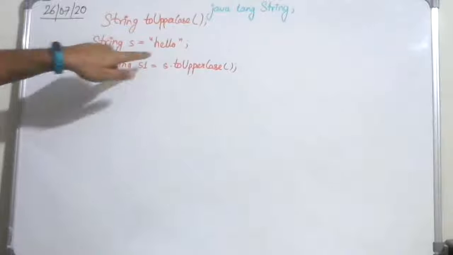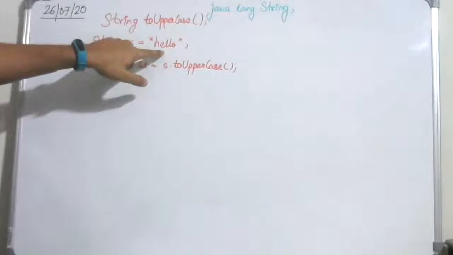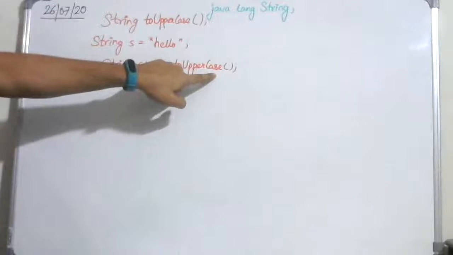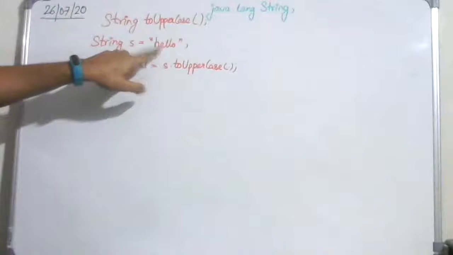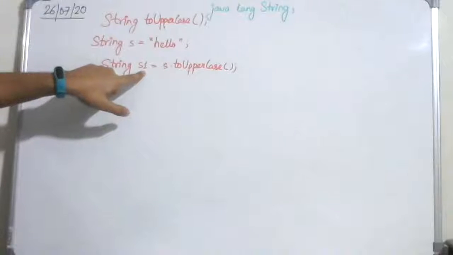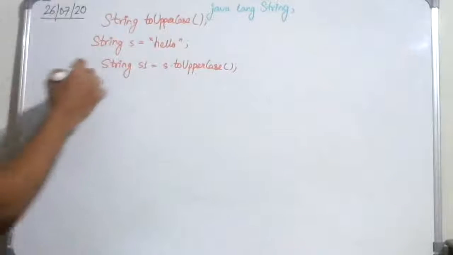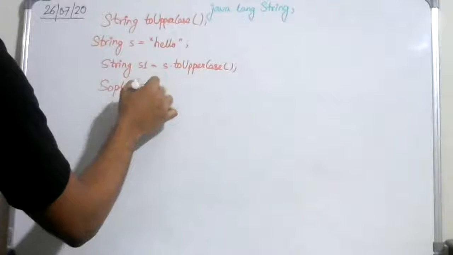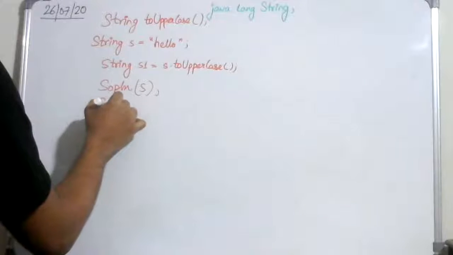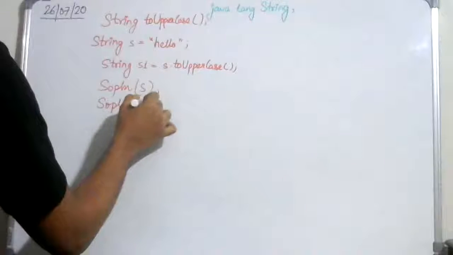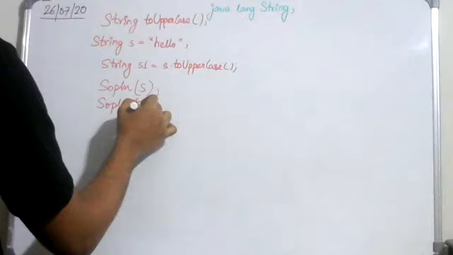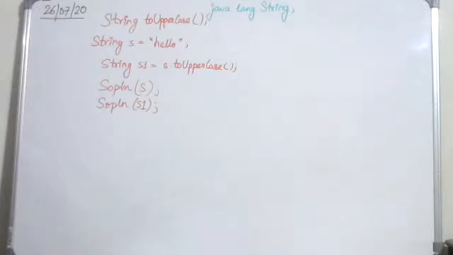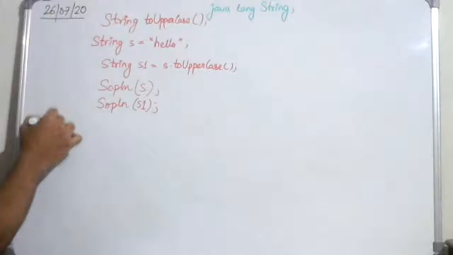Now the original value is in small or lowercase letters. After calling the to uppercase function, the lowercase letters are changed to uppercase letters and the new string is stored in s1. So if we do SOPLN S, and the very next line SOPLN S1, we'll get two different outputs. Let me write down the output here.